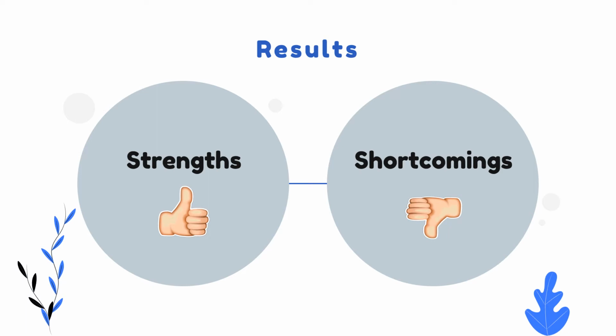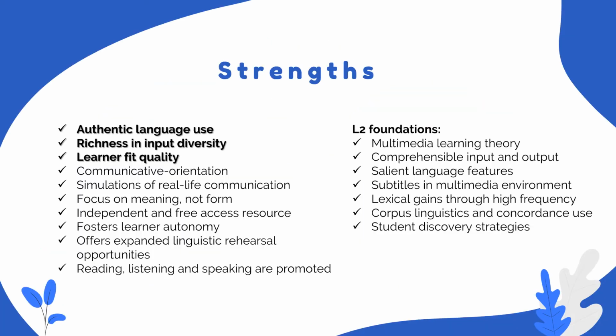So the information that is going to be presented in the results, please take into consideration that for some purposes, some of the strengths I present may be a shortcoming or vice versa. So the strengths, as you can see, and I am very happy for this, the strengths are numerous.